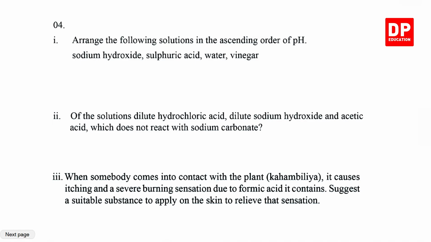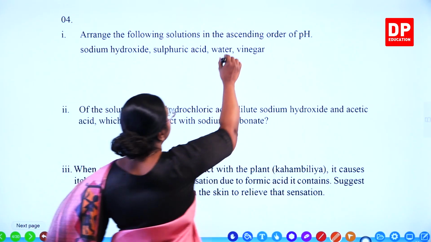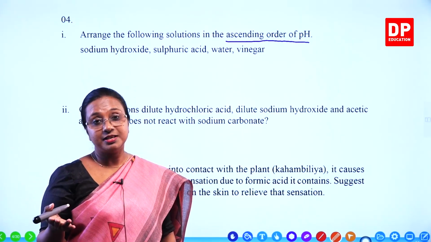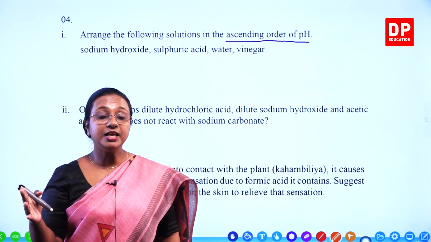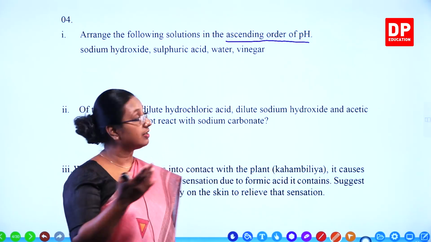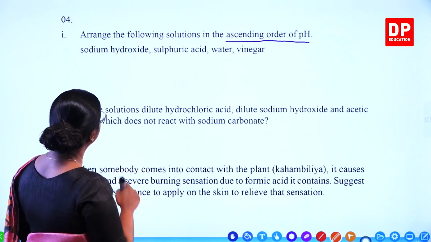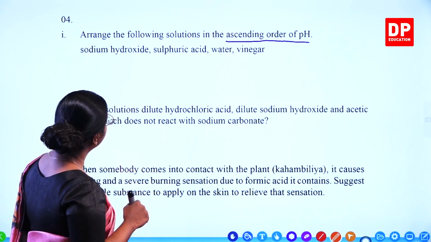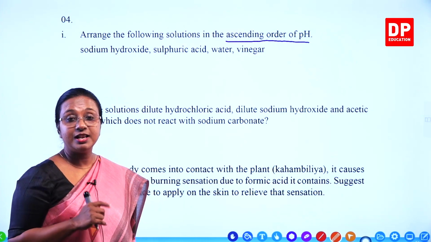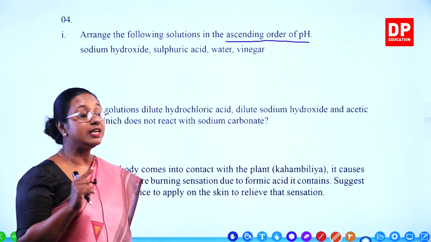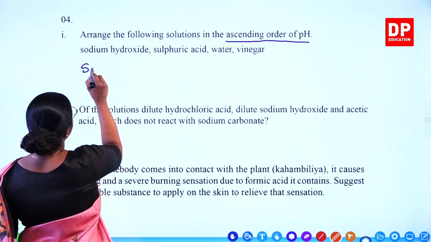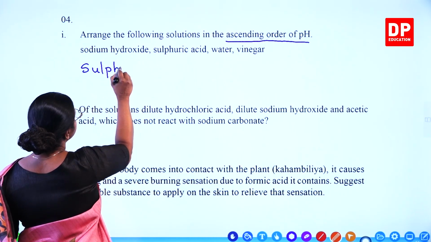Arrange the following solutions in the ascending order of pH. Ascending means increasing. So from 0 to 14, the acidity decreases, basicity increases. That is how you have to arrange them. Sodium hydroxide, strong base. Sulfuric acid, strong acid. Water, neutral. And vinegar is a weak acid. So what should you have first? You have to have sulfuric acid first.